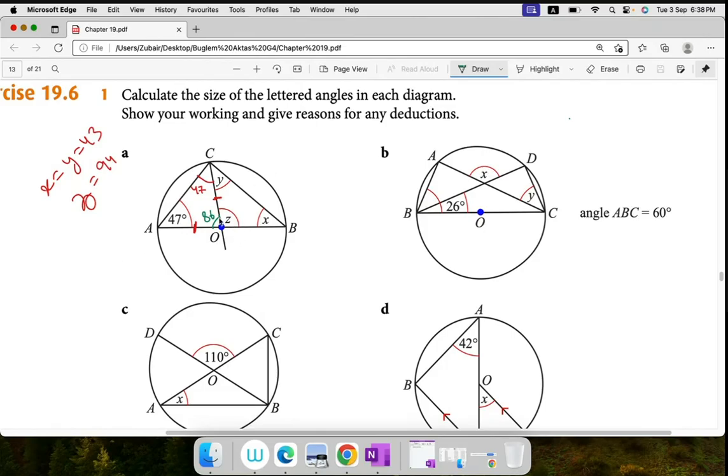And now I can subtract this again from 180 to get this 94. Once done, 94 minus 180 divided by 2, I'm getting 43 for x and y.